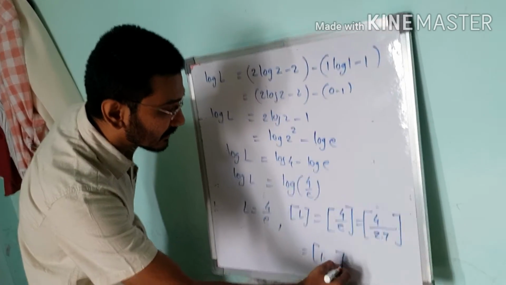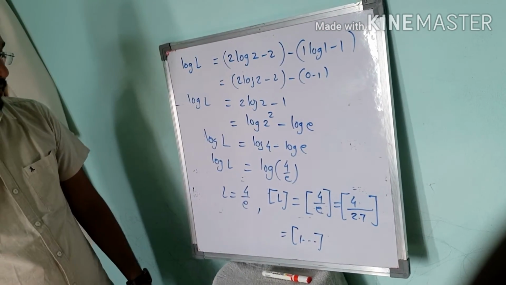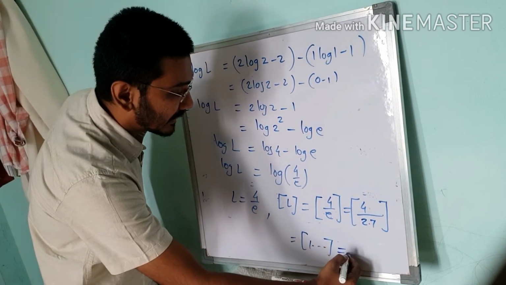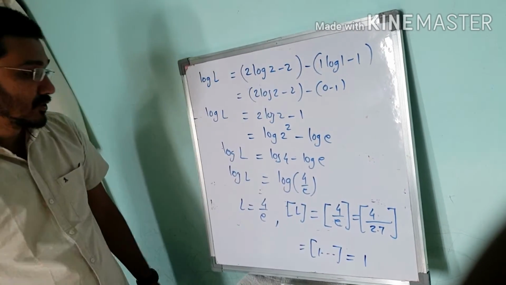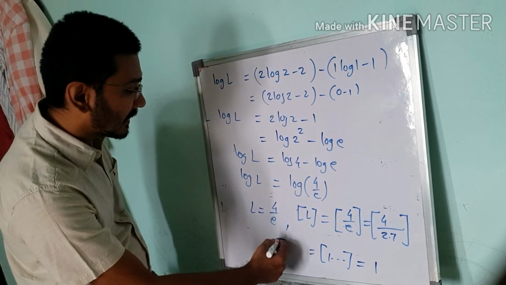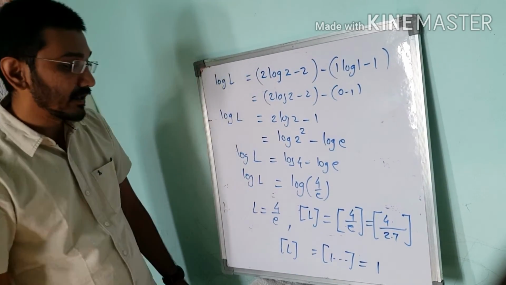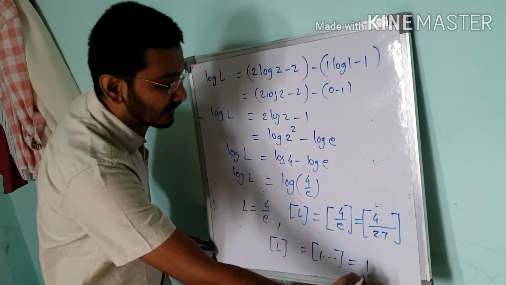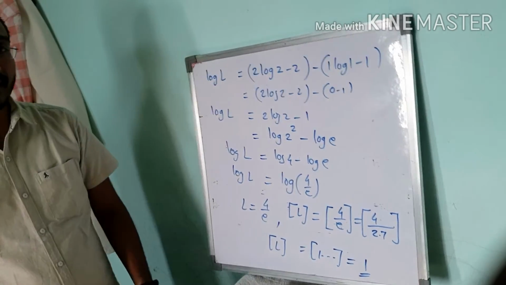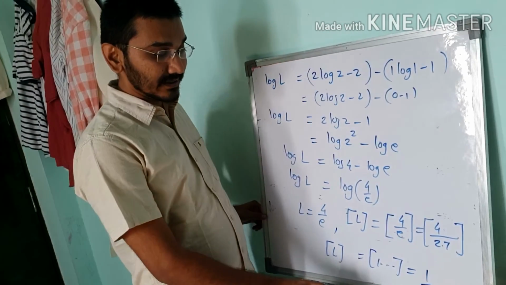So its greatest integer would definitely be 1. So the greatest integer of L, what they have asked, is going to be 1. So that should be the right answer to this JEE Advanced 2018 question asked this year.